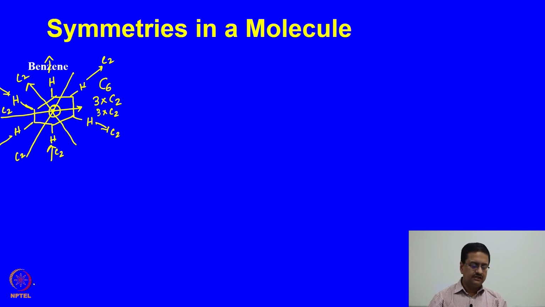What else? The plane of the molecule is sigma H, because that plane is perpendicular to the C6. C6 is the principal axis, because that has the highest value of n. So, it has sigma H, and of course, there are 6 sigma V, which are passing through each of those C2 axes.